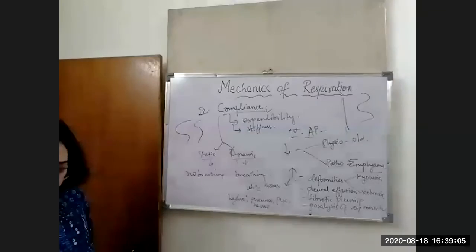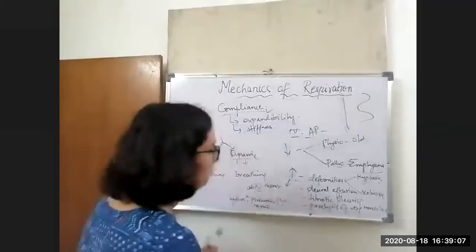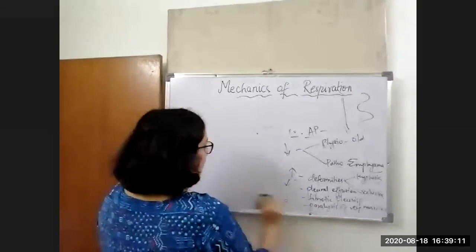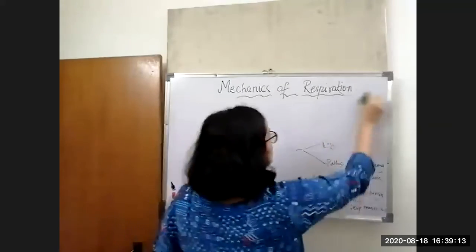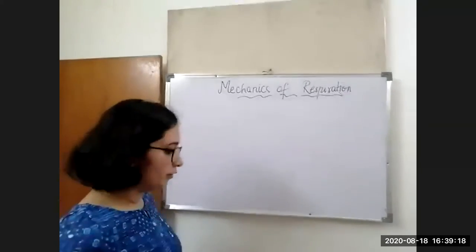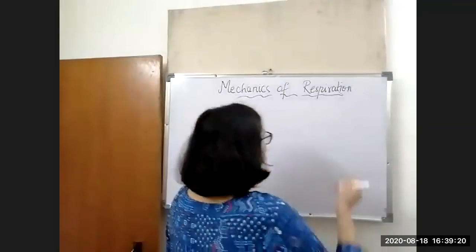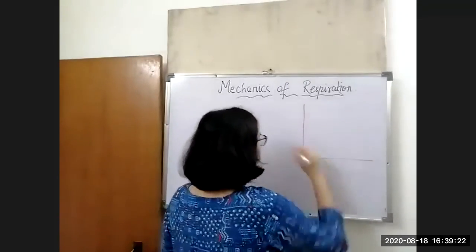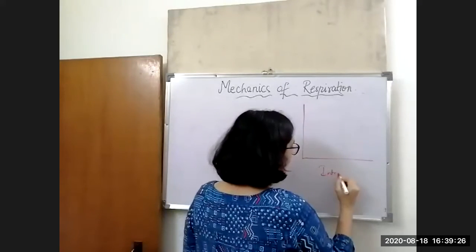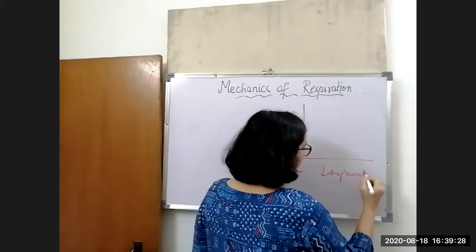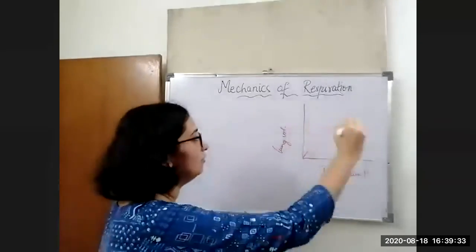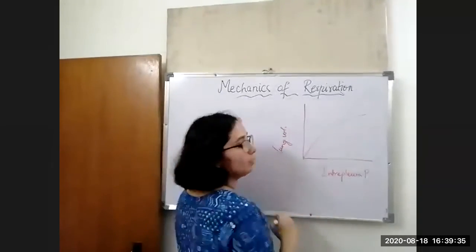So the last topic we will see now, that is the work of breathing. Okay, now before going to that, I'll just show a curve of how the compliance will vary. This will be the lung volume. This will be the intrapleural pressures. So normally the compliance will be like this. Okay, the curve will be like this.